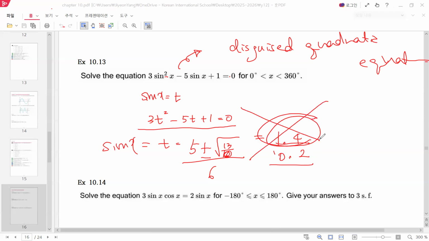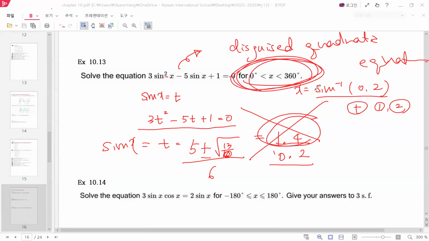And then x equals sine inverse 0.2. Since this value is positive, it is in the first quadrant and the second quadrant, and the angle range is given as one full turn, right? So you can just find the first quadrant angle here and the second quadrant angle here. So please calculate this one. What is it?